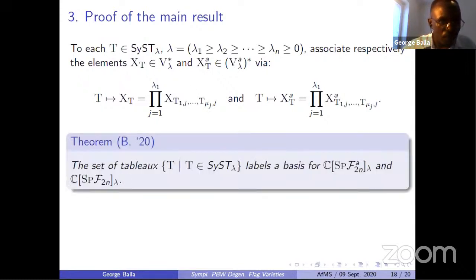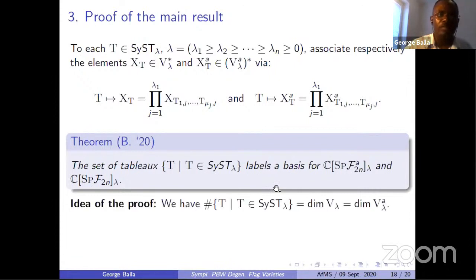So what we proved also is that the set of symplectic PBW tableaux labels the basis for these homogeneous components, these respective coordinate rings in the degenerate and classical case.